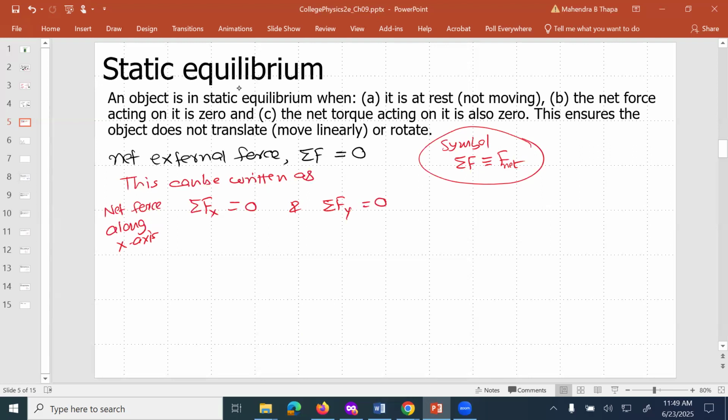Okay, net force along y-axis is also 0. These are just a matter of symbol in our textbook. Summation Fx is written as net Fx, and this symbol summation Fy is written as net Fy. Okay.